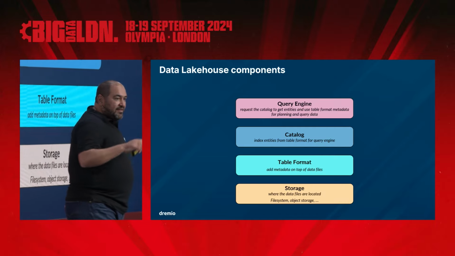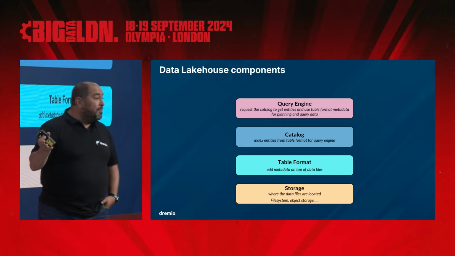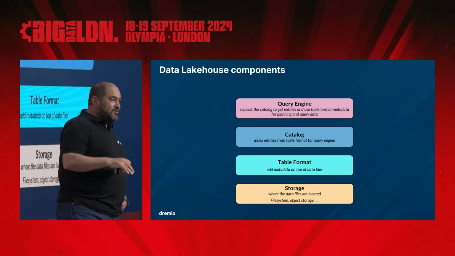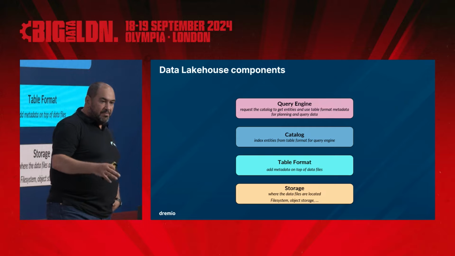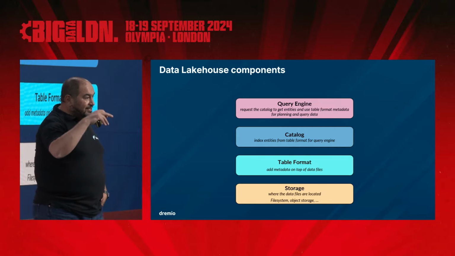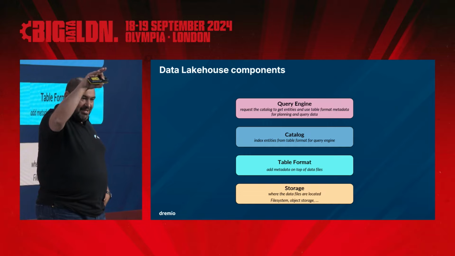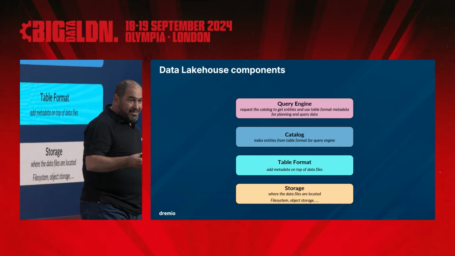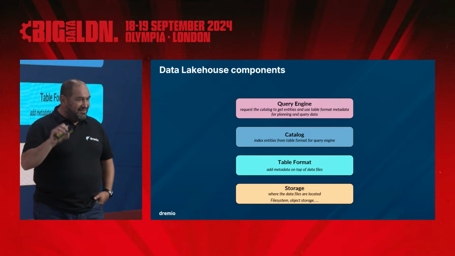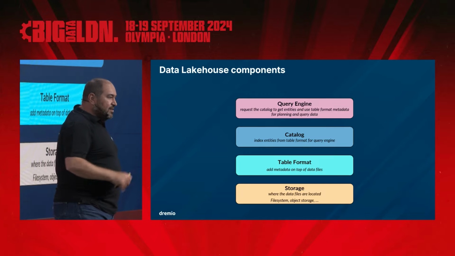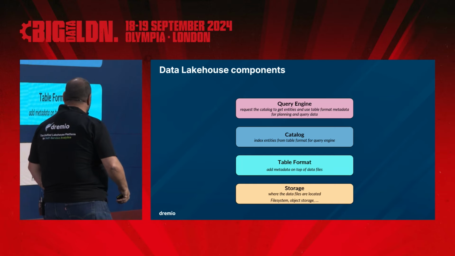On top of that, you have a table format, so Apache Iceberg. On top, you have query engines. It could be Apache Spark, Apache Flink, Dremio, whatever. And between the two, I would say the glue between the query engine and the table format is the catalog. By catalog, I mean here meta-store catalog. We will see later that it's more than that, but let's keep in mind that it's basically a meta-store catalog.